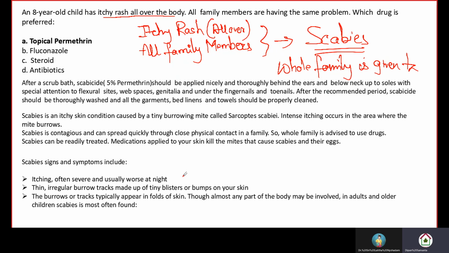Okay, and the scabicide is 5% topical permethrin, which should be applied nicely. In fact, for students, roommates, or family members, whoever the patient stays with, those persons also have to do the same treatment.